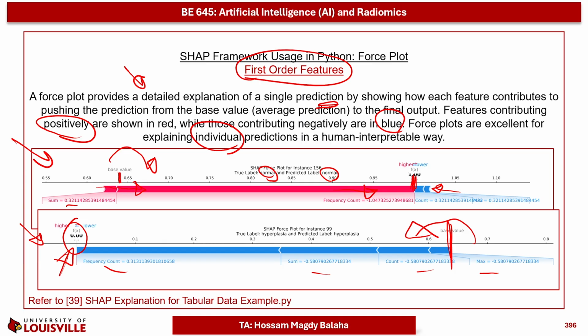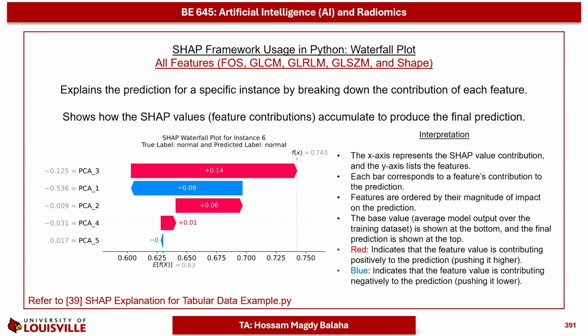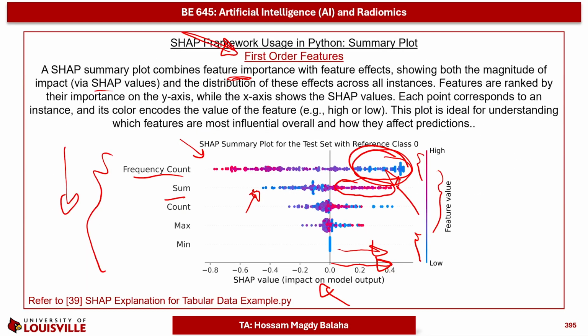So simply, we have multiple plots, such as the force plot and waterfall plot, and both of them are for local explanation. The local explanation here refers to getting the contribution based on a specific instance, while the scatter plot and summary plot are for global explanations, where we are getting the trends of the different features along the whole instances.